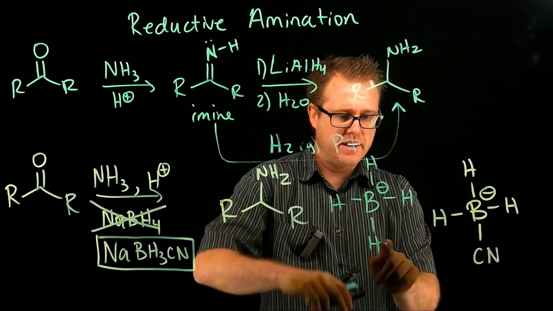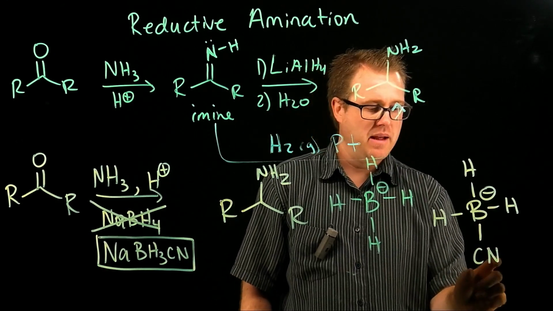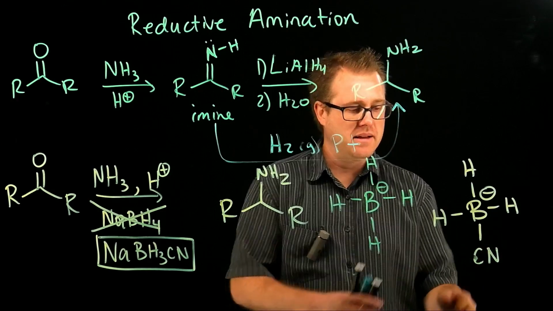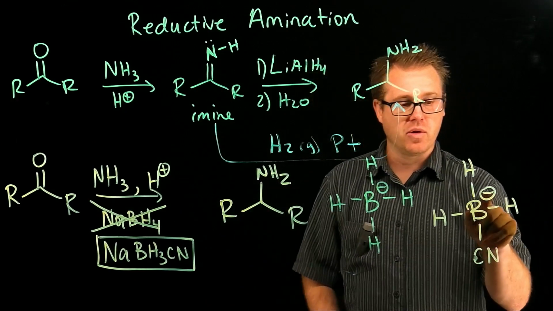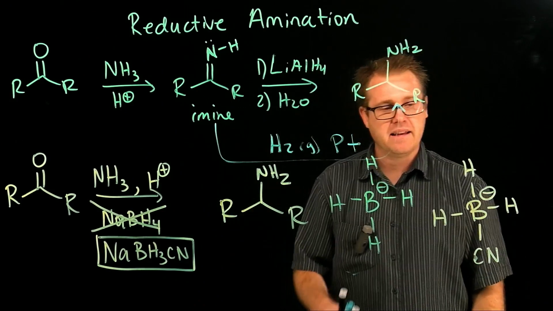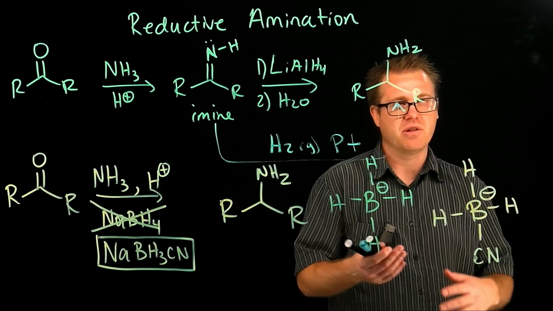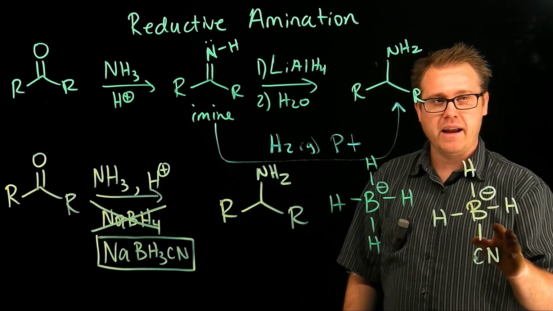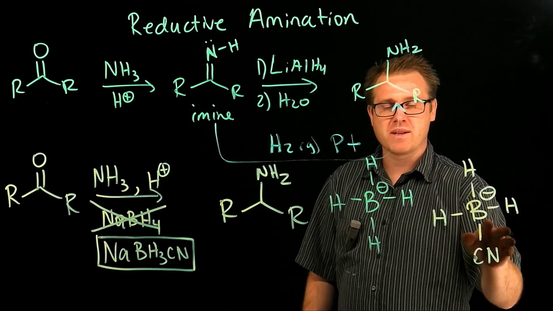We have replaced this hydrogen with a cyano group, and this cyano group is electron withdrawing. And so because it's so electron withdrawing, it is going to help stabilize that negative charge. And that negative charge now is going to be less reactive. And so cyanoborohydride, we can use it more selectively.